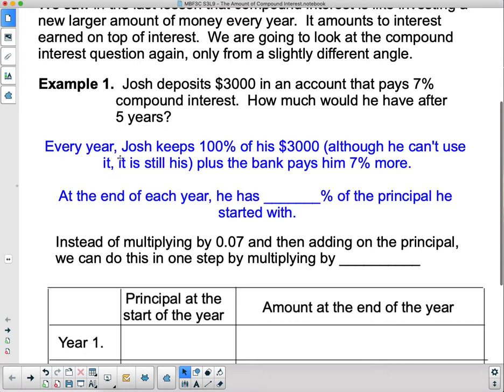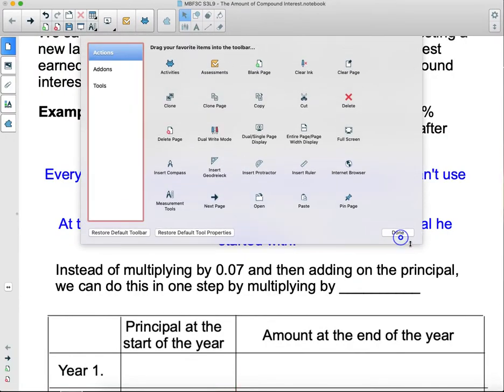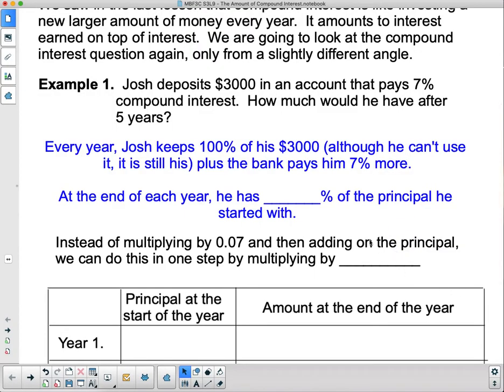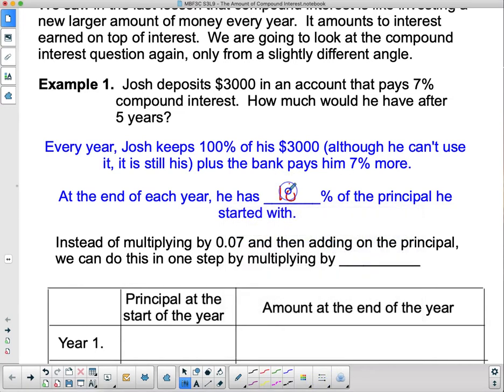What that means is that every year Josh keeps 100% of his $3,000, and then the bank pays him 7% more. If he kept 100% of his money and then the bank gave him 7% more, that means he has 107% of the principal he started with.